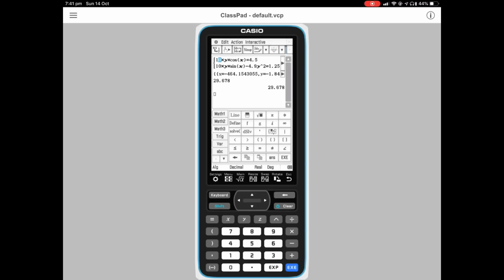So if we bring that down, let's copy this: edit, select all, copy, edit, clear all, edit, paste.